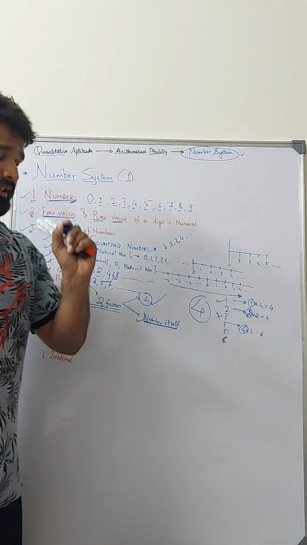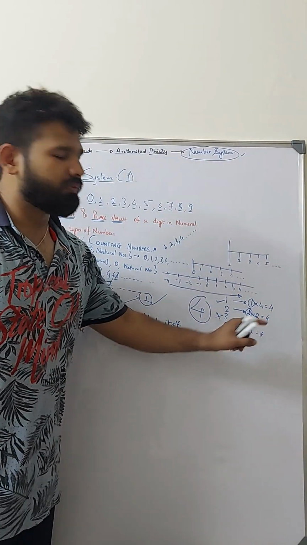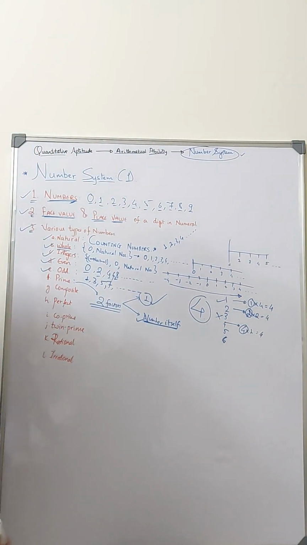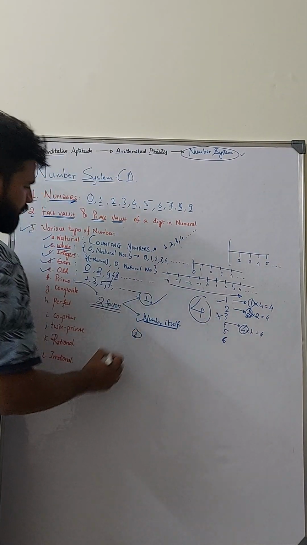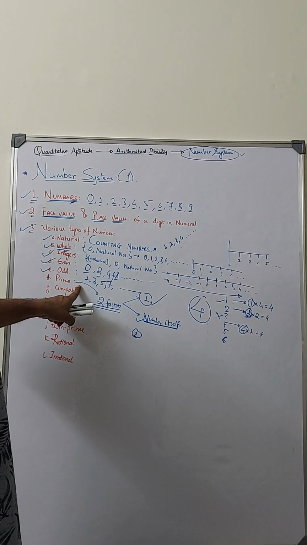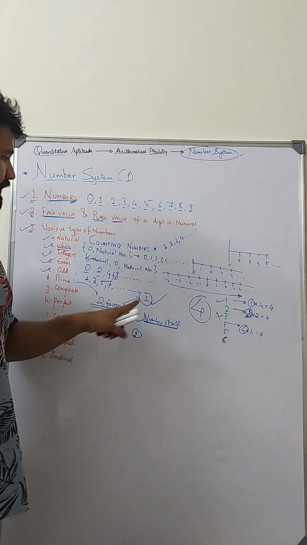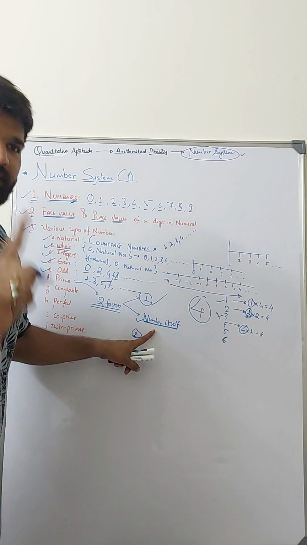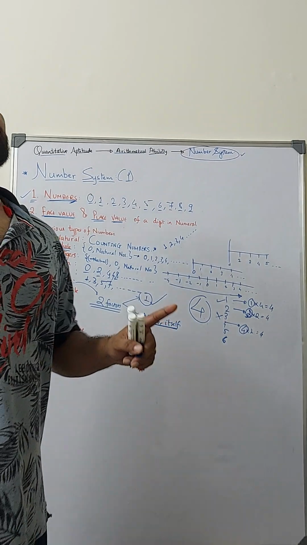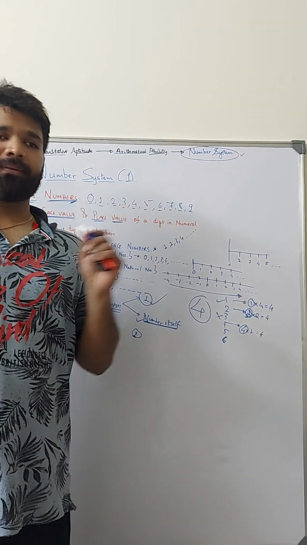But still, 2 is also a factor. What is the definition of prime numbers? Prime numbers have two factors, one always 1 and the second the number itself. No other factor should be there. If there is, then it isn't a prime number.